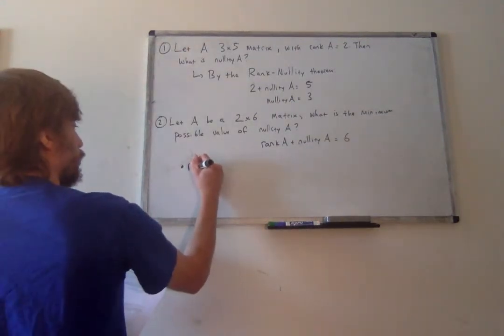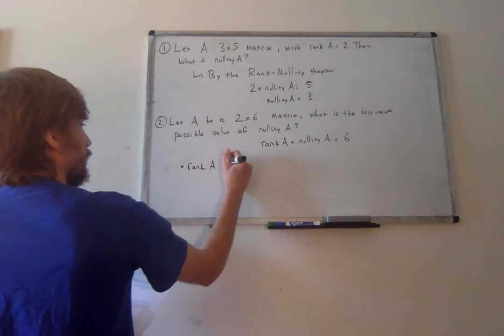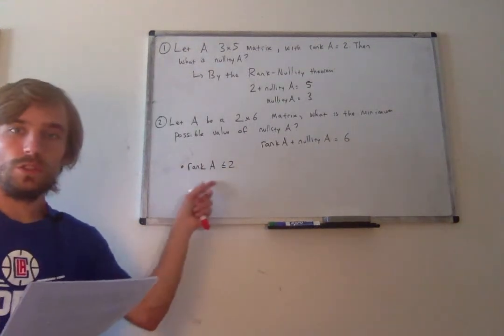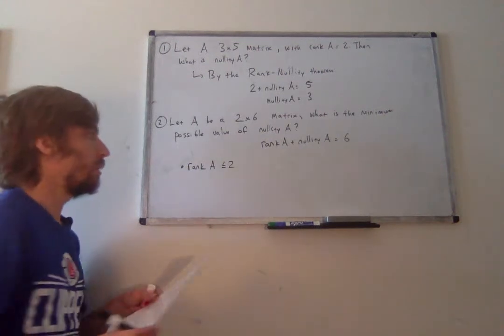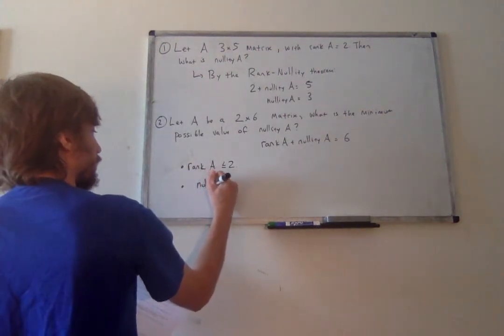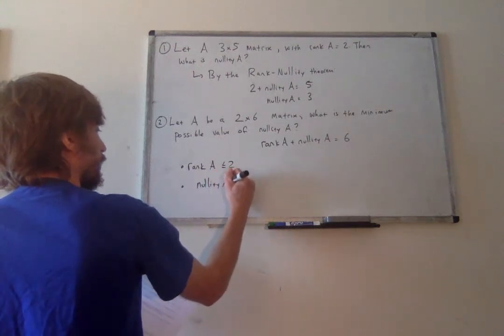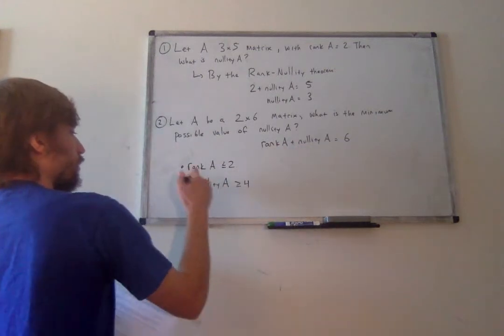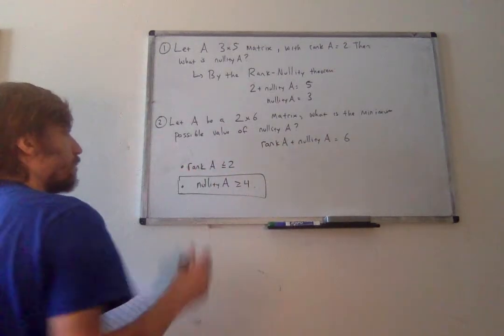And so this means that the rank of A is less than or equal to 2, because A has at most 2 linearly independent columns. And so this implies that the nullity of A has to be at least 4, because remember the sum of these two values has to be equal to 6.